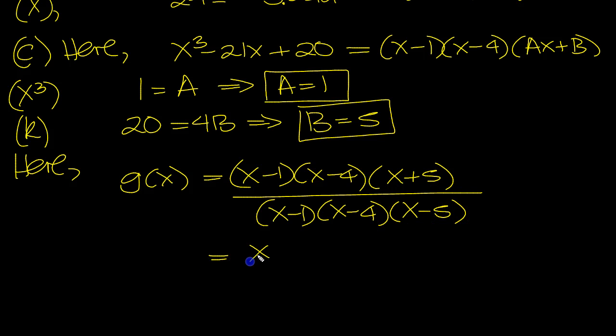So the answer is x plus 5 over x minus 5, because these two things cancel each other out when we simplify it.